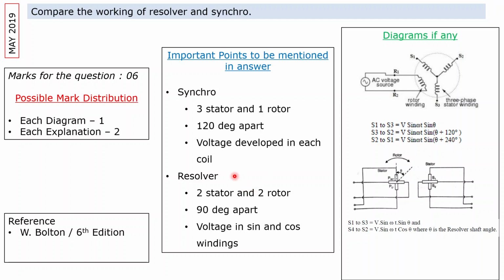If you are taking resolver, you need to mention that there are 2 stator windings and 2 rotor windings, which are kept 90 degrees apart. You have to mention the voltage developed in the sine and cos windings. The angle of rotation tan theta will be equal to the ratio of the voltage developed in the sine winding and the cos winding.